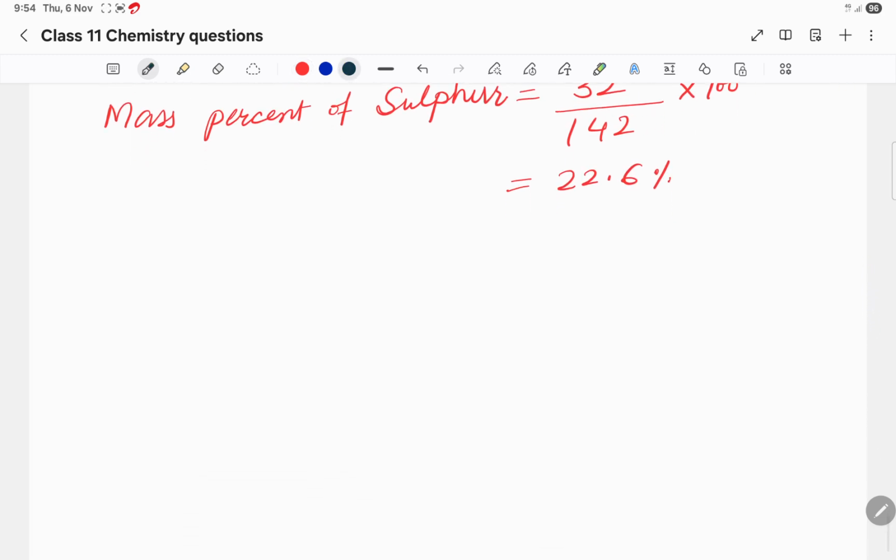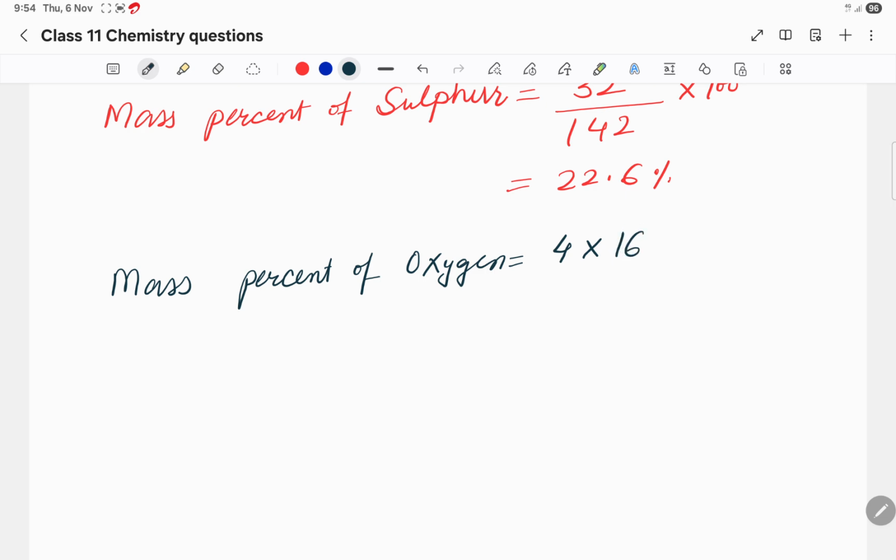Next one is oxygen. So once again, mass percent of oxygen. So there are 4 oxygens in the formula. So 4 moles of oxygen multiplied by atomic mass in grams obviously.